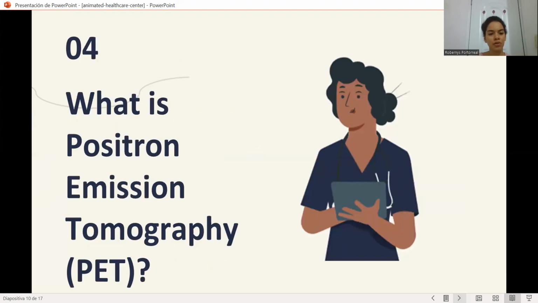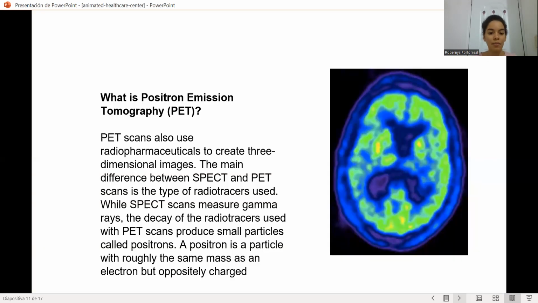What is positron emission tomography, PET? PET scans also use radiopharmaceuticals to create three-dimensional images. The main difference between SPECT and PET scans is the type of radiotracer used.